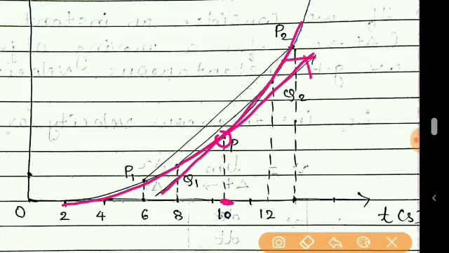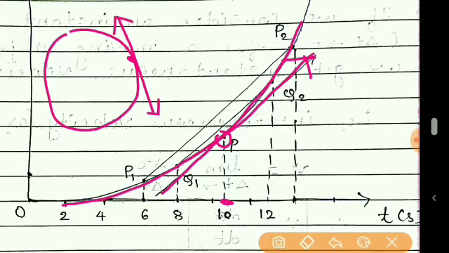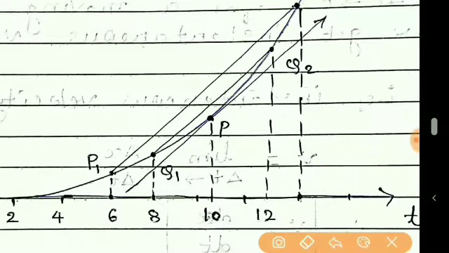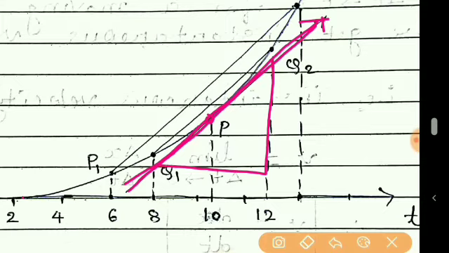You have studied in 10th standard that for any circle, if you take any point on it, then you can get a tangent at that point of the circle. So here also the tangent is a straight line, and if we draw a tangent at point P to this curved line, and then obtain the slope of this tangent, that will give us the instantaneous velocity at the 10th second.